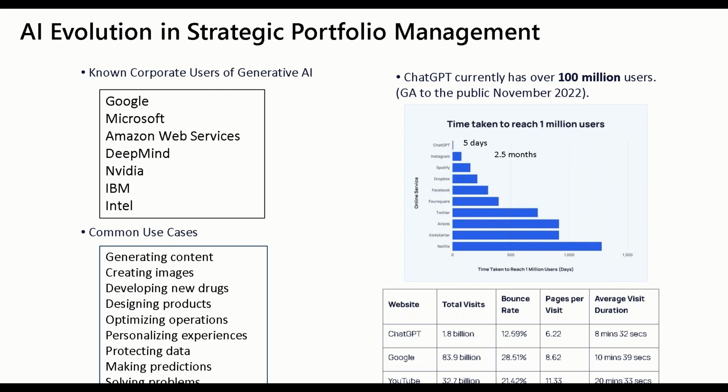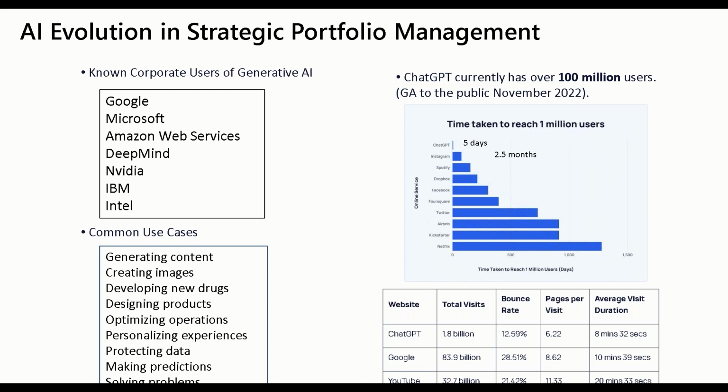What happens in November 2022 is that OpenAI makes ChatGPT generally available to the public, and at that point, the use of generative AI is not only available to corporations that have the resources and the scientists and the specialists to actually apply it across the business. Now we can all make use of it.